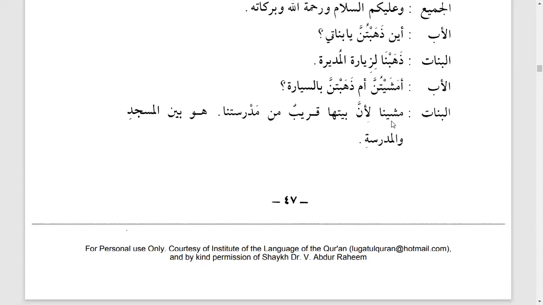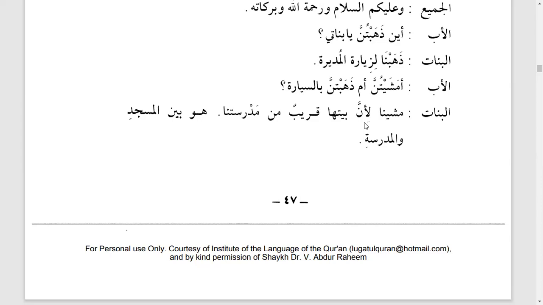Al banatu mashayna. So that means we walked. Li'anna. What is li'anna? Do you remember? Which category does it belong to? Sisters of Inna. Do you remember the sisters of Inna?